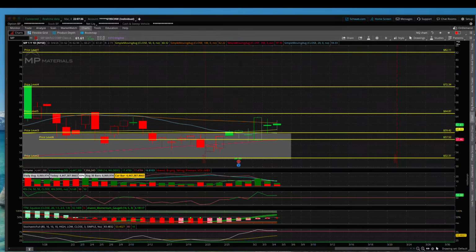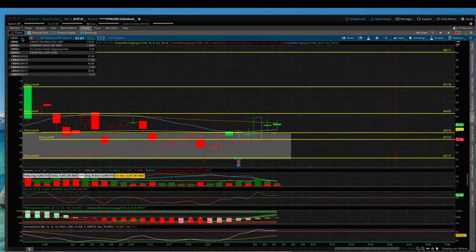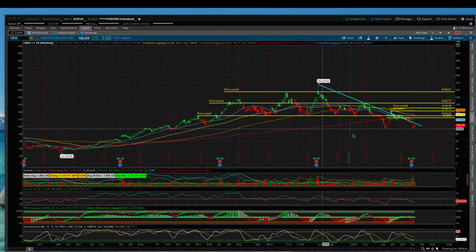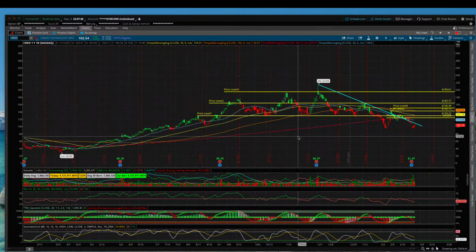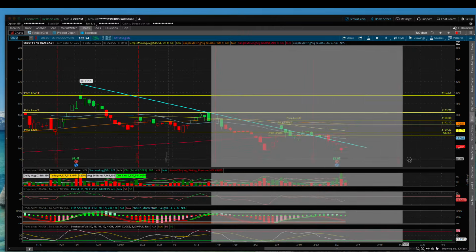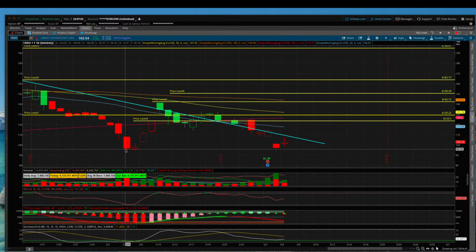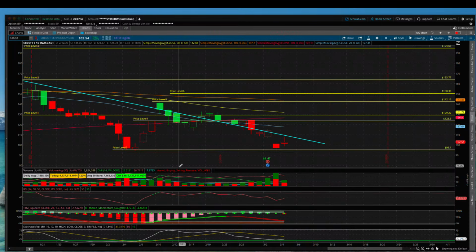All right, CRDO. This stock here, I'll be frank, doesn't look the greatest. You could possibly have a double bottom here with the bullish divergence on high volume, but you're battling an uphill battle, so I want to see more conviction.